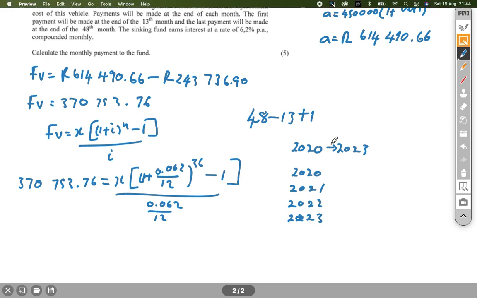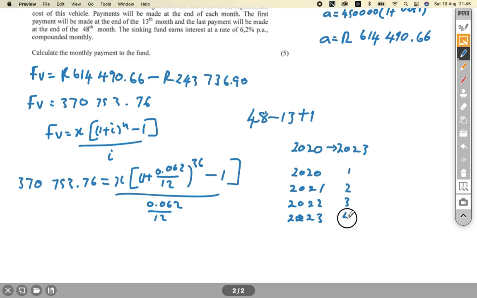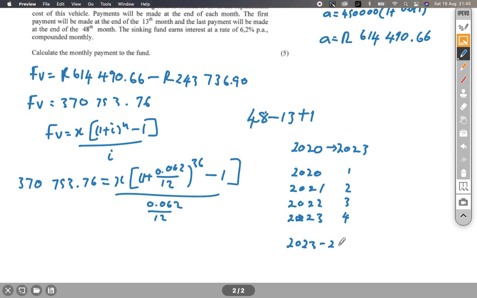So to calculate the difference in years without having to list the years, here we see it's 1, 2, 3, 4. We just say 2023 minus 2020 plus 1, which will give us 4.